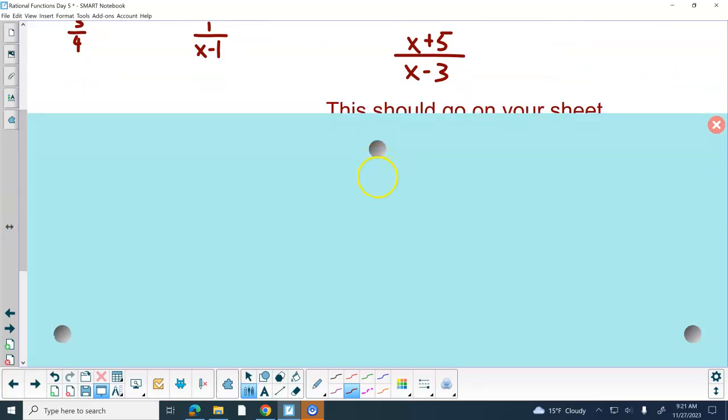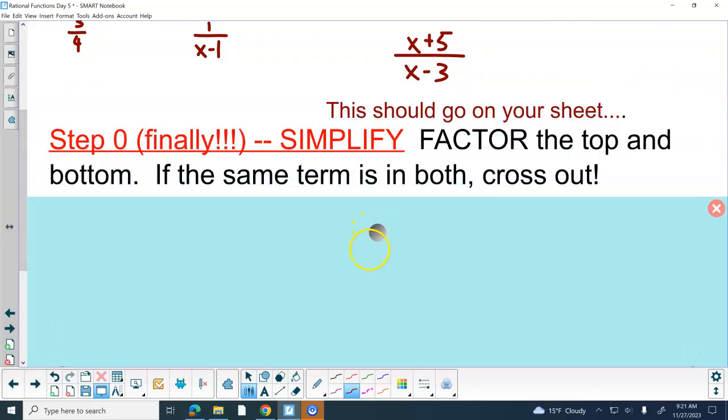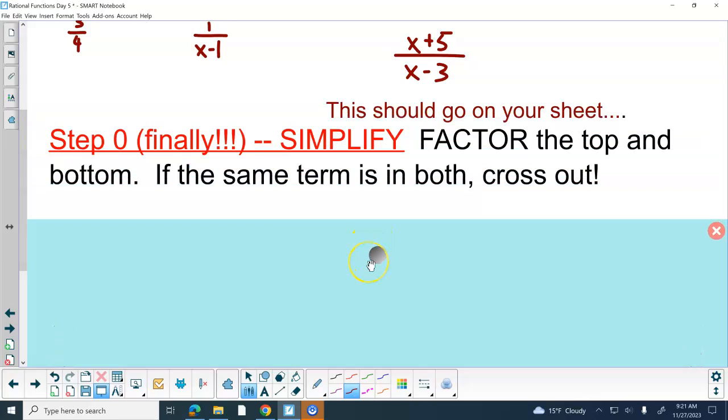So that leads us all the way down here to our supplemental note sheet, where it says step number 0. We finally get to do step 0, way up at the top. Step 0 says the first thing that we have to do is we have to simplify, which is great, because then that's going to make our graph easier to manage.